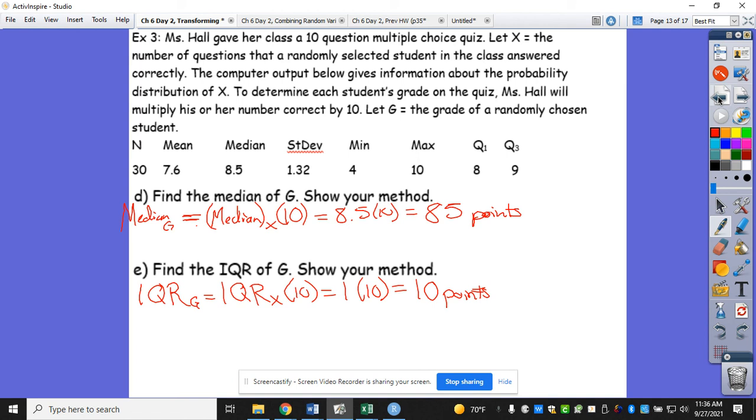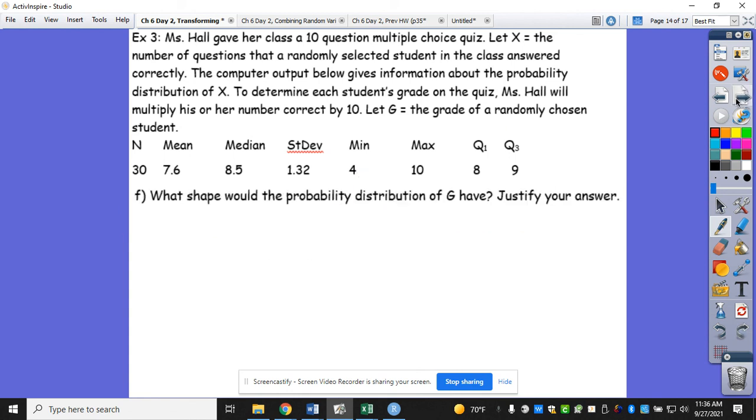Mean is lower than the median, and I can look at my 5 number summary here with those 5 things. Half of it is between 8.5 and 10, and the other half between 4 and 8.5. I could bring in those if I wanted to. 75% is 8 or higher. 25% is between 4 and 8. A lot of different ways you could look at that. So the shape stays left skewed.